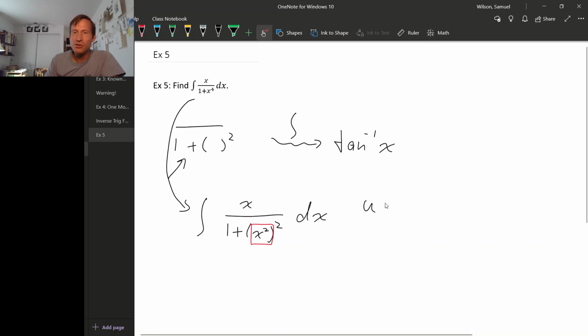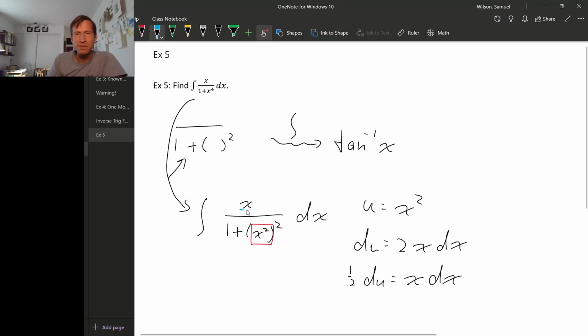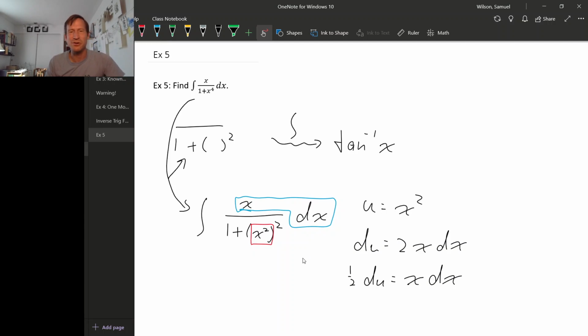Maybe we should let u be x squared. Then du is 2x dx. And we can move the 2 to the other side. 1/2 du is x dx. And this looks a lot more promising as a substitution because here's x dx. We can turn x dx into du.